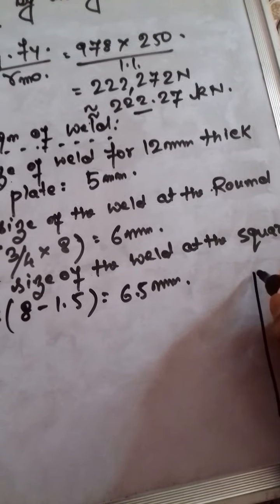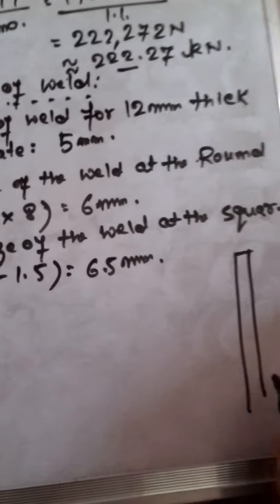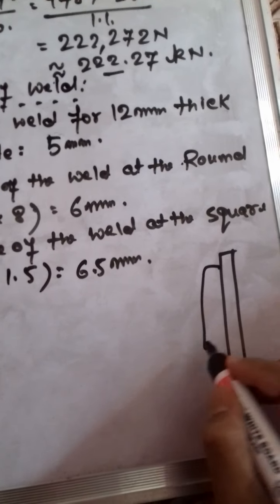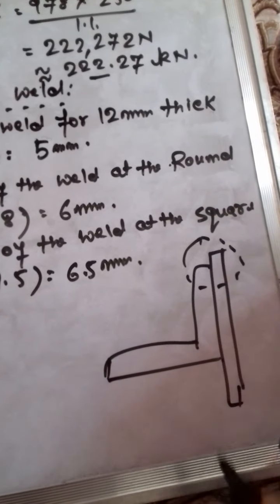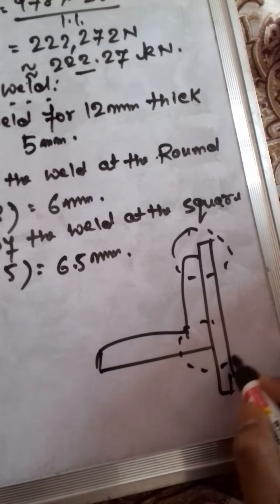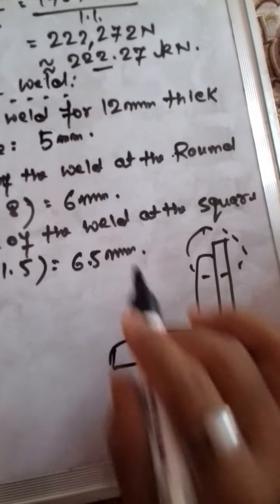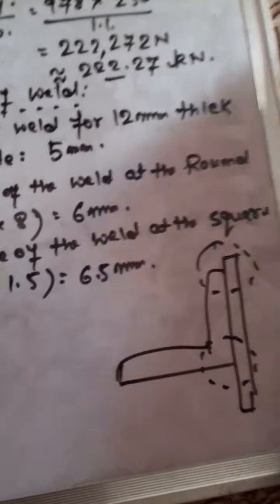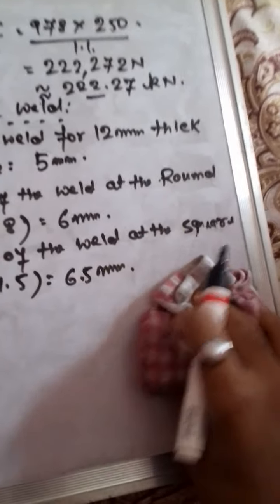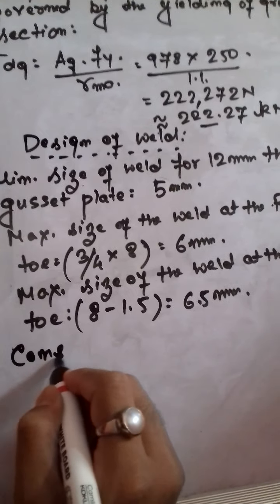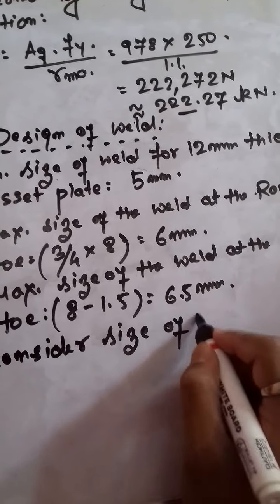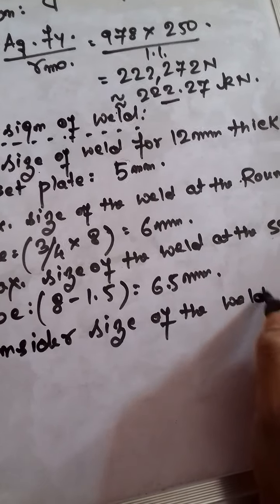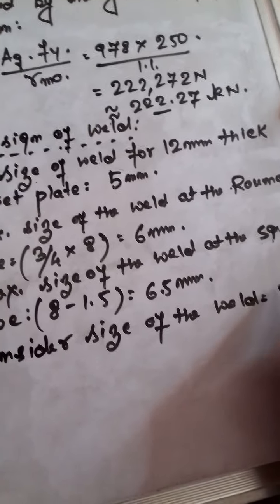So if this is the gusset plate, the angle is connected like this. Here we are getting a round toe and here we are getting a square toe. So both the cases we have to consider. Okay, so let us take size of the weld equal to 6 mm.